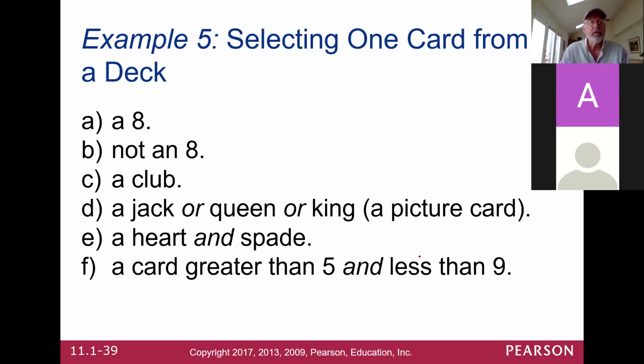Okay, so here's the other one. Okay, then how do we get to a card that is not an 8? What would we do to think about that? So you'd subtract 4 from 52 because there is 4 8s.